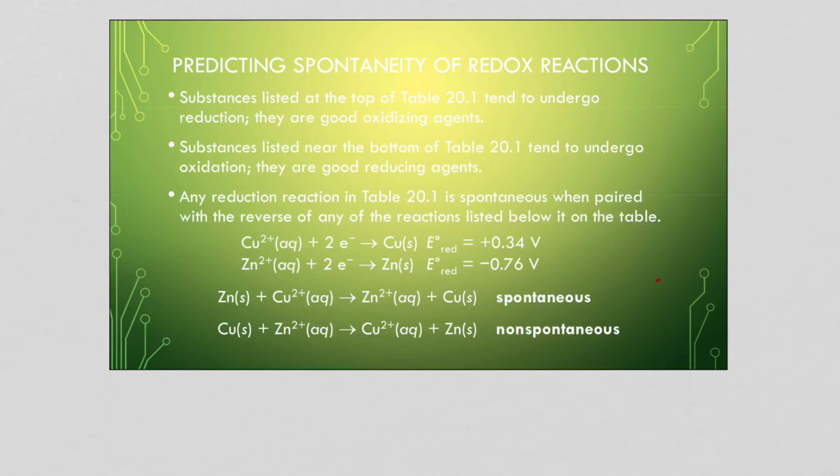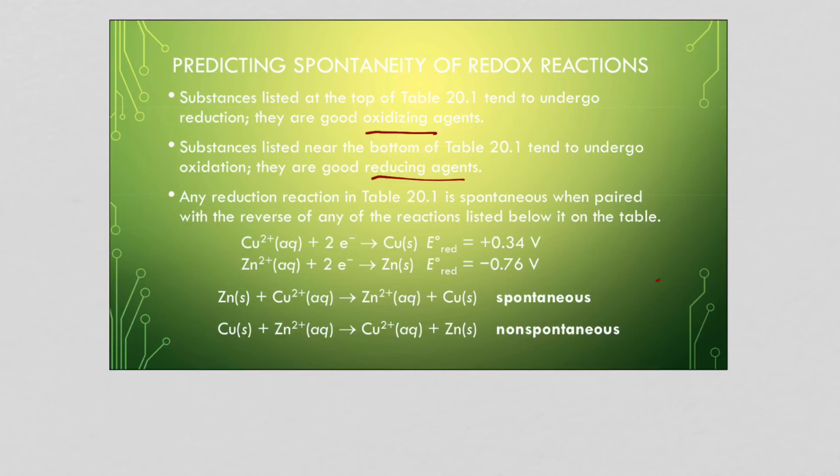Substances near the bottom of the table will undergo oxidation, and they're going to be good reducing reagents. So you want to pair a good oxidizing agent with a good reducing agent to get a spontaneous process.